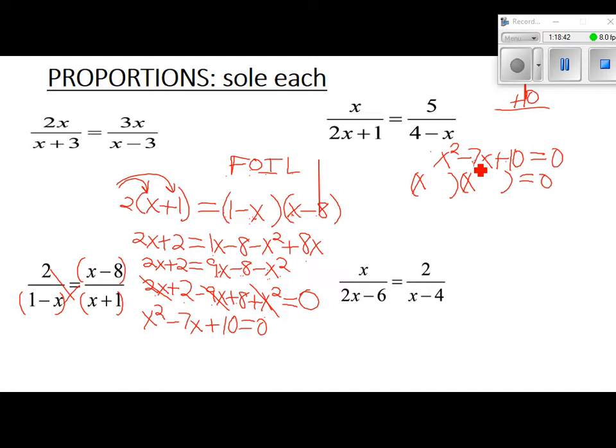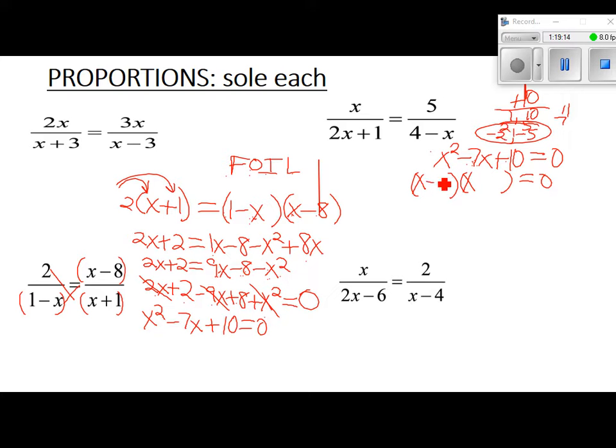If I'm looking for the factors of 10, I could do 1 and 10. But added together, 1 and 10 give us 11. That's not what we have in the middle. If I look at 2 and 5, those multiplied together give us 10, but added together they give us a positive 7. And we have a negative 7. So what we want is a negative 2 and a negative 5.